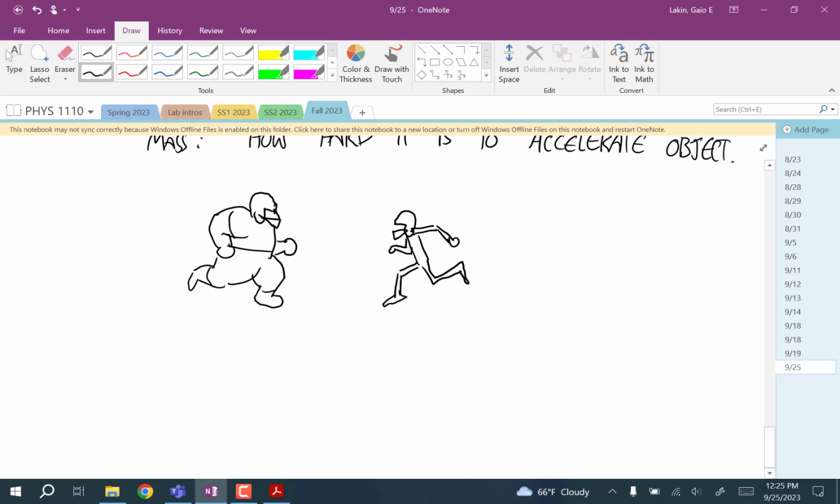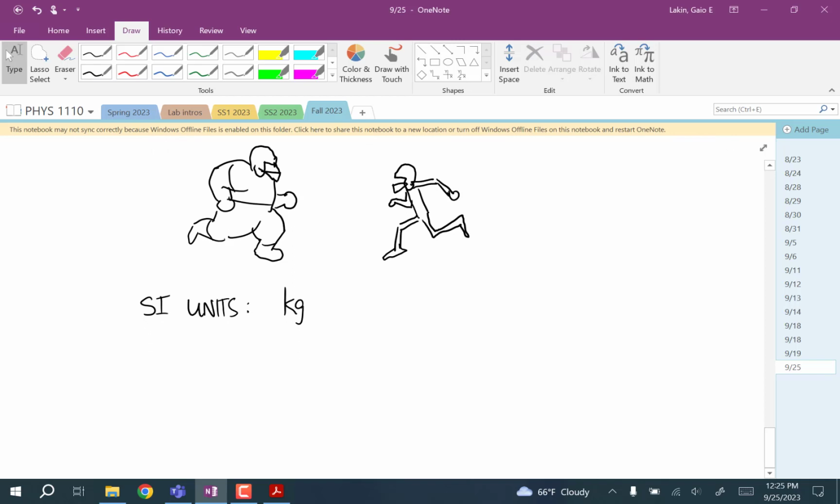Notice, first, the units. SI units for mass are kilograms. So that's what we're mostly going to use for mass. And one thing I want you to remember is that every bathroom scale has a switch on it where you can look at your weight in pounds or you can look at it in kilograms.